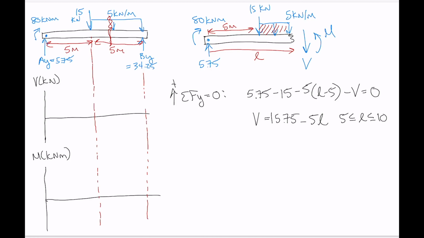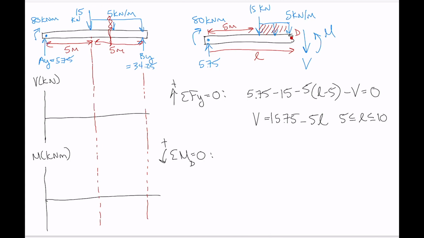And we can do the same thing with the sum of the moments. So the sum of the moments has to be equal to 0, and counterclockwise is positive. And again, you have to take the sum of the moments about some point. So let's choose this point here and call that point D, just because we haven't used D yet.